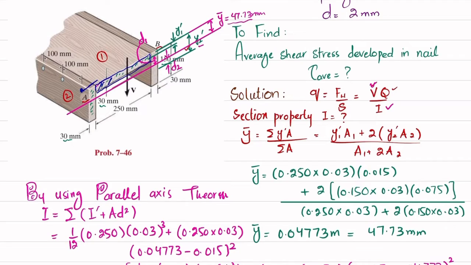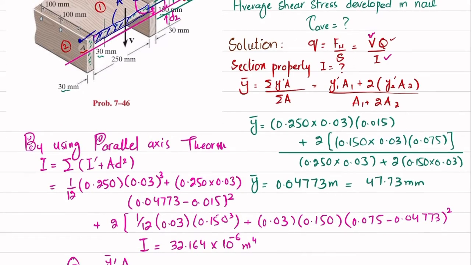So this is the area A dash, and y bar is the distance from neutral axis till the mid of this section, which is this D1, and D1 was this one.